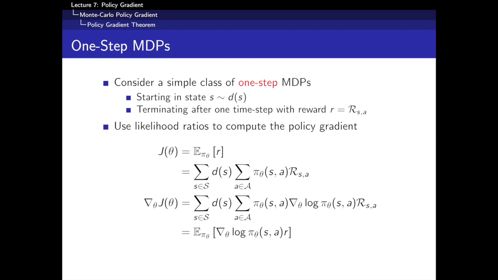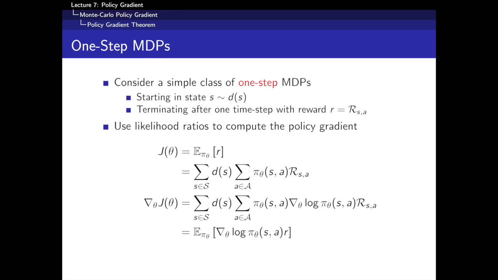And so now, if we were to try and solve this, we want to find the policy gradient. We want to understand how to adjust our policy parameters so that no matter what state we're in, we pick an action that's good. We want to adjust our way of picking actions so as to get more rewards. And the way we're going to do that is to start off by picking our objective function. So in this one-step case, all three of those objective functions we talked about become essentially the same.